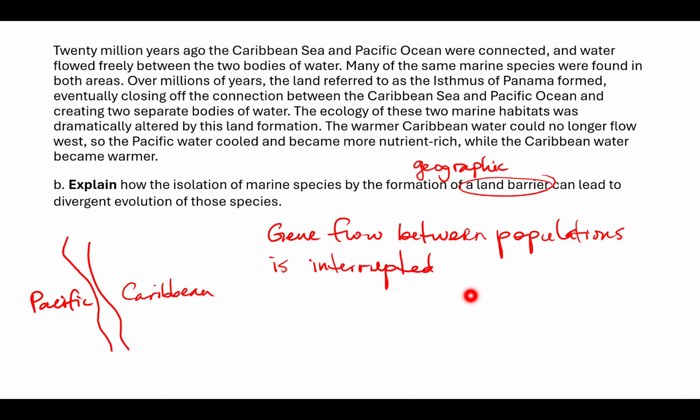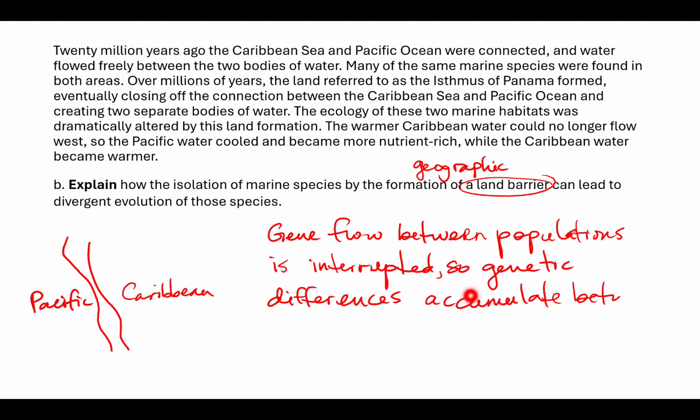So gene flow between populations is interrupted, so genetic differences accumulate between the populations until they can't interbreed anymore, so they can no longer interbreed.